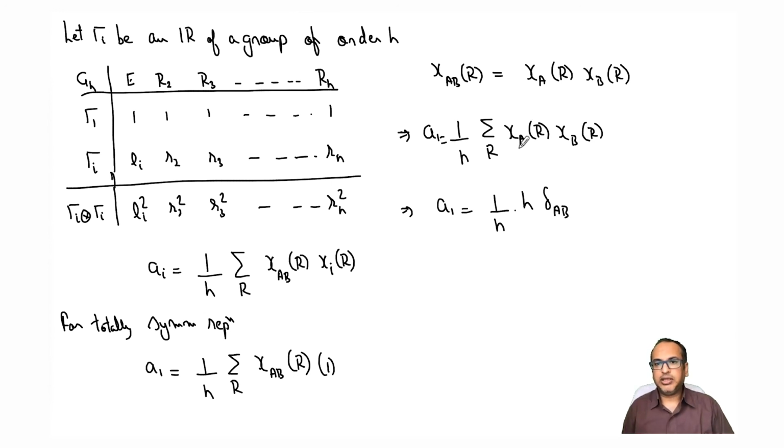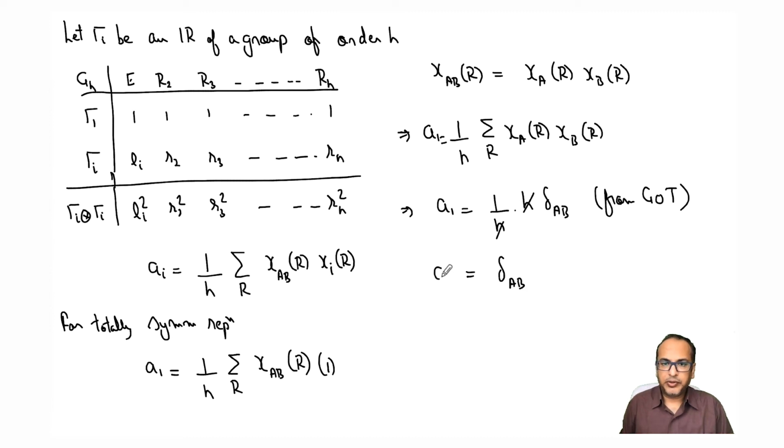We have learned this in terms of chi i, chi j, and this will be delta ij. Remember? This is directly from the GOT properties. If you go back and look at the lectures where the 5 properties of GOT were discussed, we discussed this one. So h is cancelled here, and A1 is nothing but delta AB.